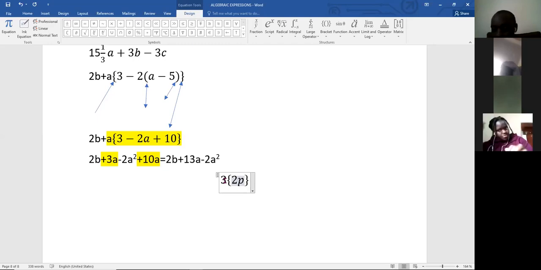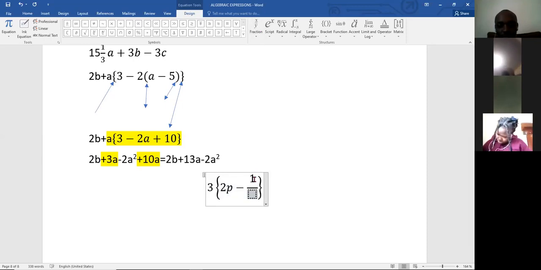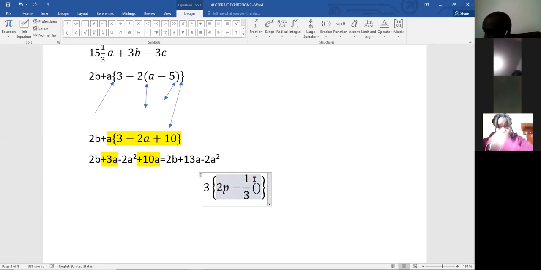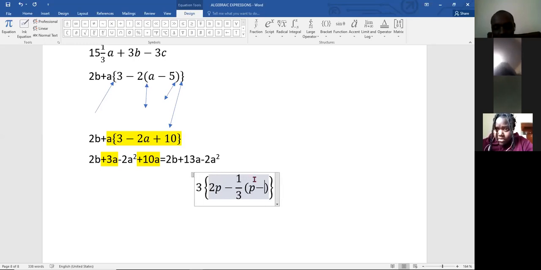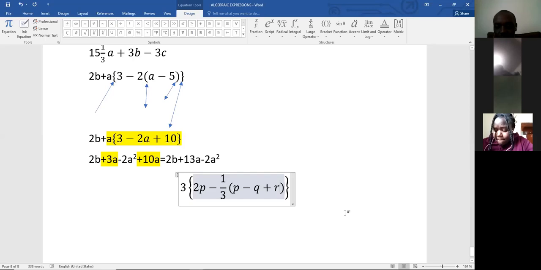I'm hoping that you are noting at home and you are understanding well. 2p minus a third, a third of p minus q plus r. Yes, this is what we are supposed to solve now.